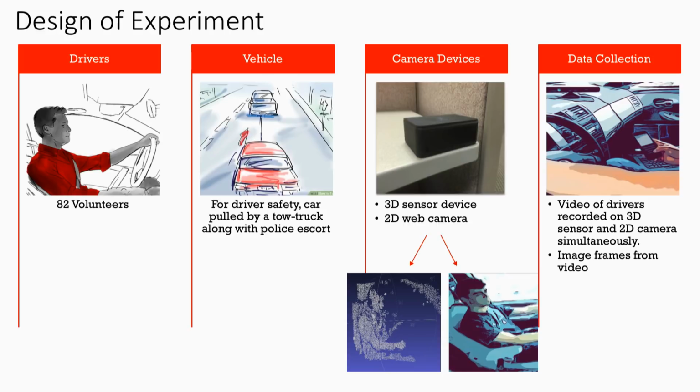And what we did was we had the driver sit in a car, and we had a tow truck pull the car across a particular route. While the tow truck pulled the car, we had 2 cameras, and I'm going to talk about why 2. We had a 3D sensor, and we had a camera on the dashboard, and we had the drivers perform the distracted driving actions in a particular sequence. We'll say, okay, for the first X seconds, have both hands on the wheel, and then the next X seconds, have the phone, talk on the phone with your right hand.